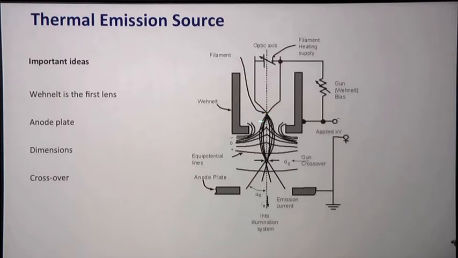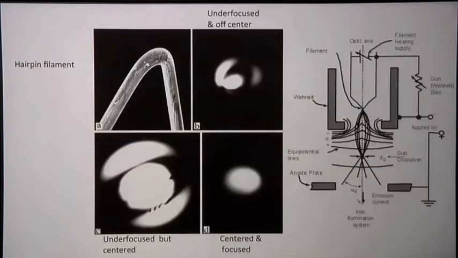We run a current through it, we heat it up to thousands of degrees Celsius, and that's enough to boil off electrons that we can start pulling them off, and we form a beam of electrons. The Wehnelt is actually the first lens in this system, and the anode is down here. So this crossover point is the thing that we actually use as the source in the optical system.